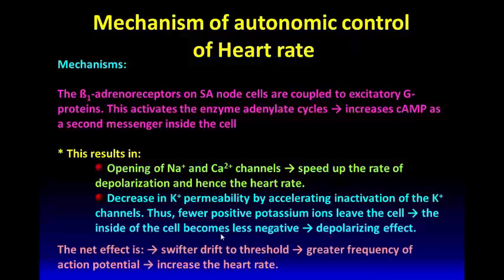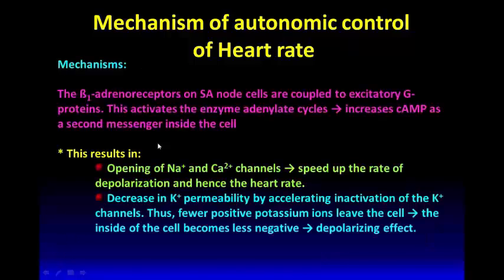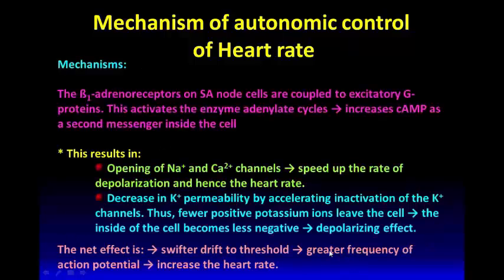The overall effect, the net effect, is swifter drift to threshold. The sinoatrial nodal cells will take shorter time to reach the threshold level. Hence, there will be greater frequency of action potentials generated from the sinoatrial node, from the pacemaker of the heart, and this increases the heart rate.